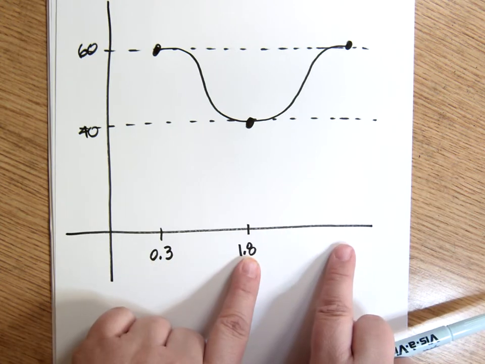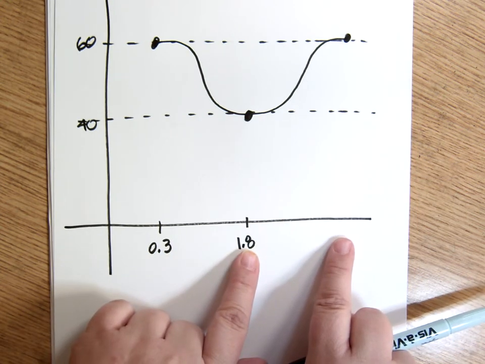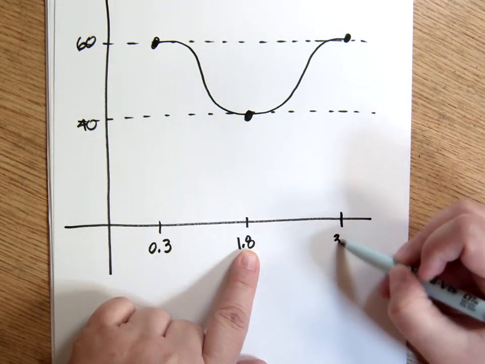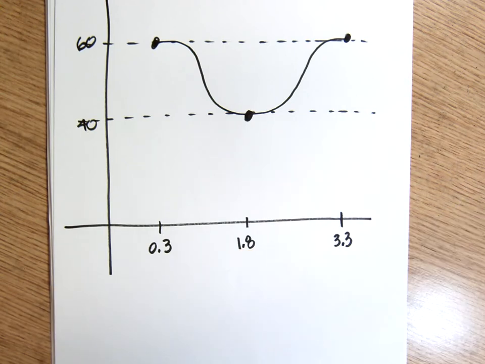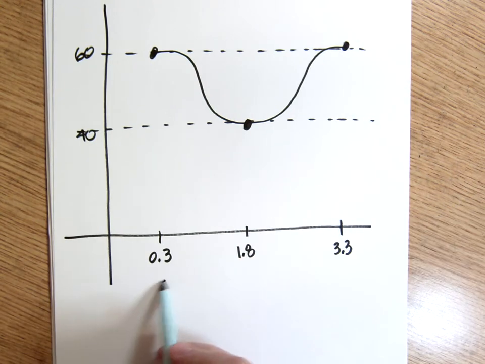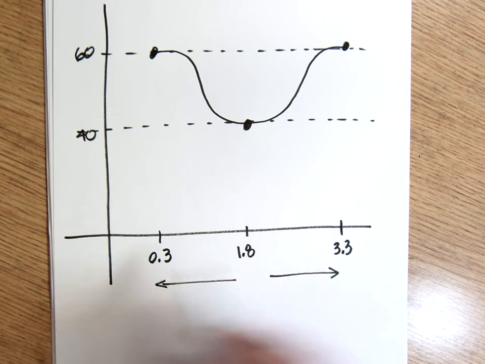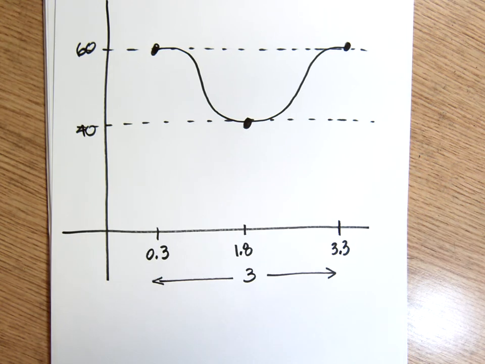So 1.8 plus 1.5, 18 plus 15 is 33. This is 3.3. So my whole period, 3.3 minus 0.3, is just 3 seconds. It takes 3 seconds to go all the way back down and back up to where it came from.